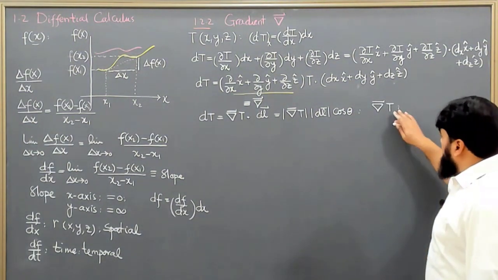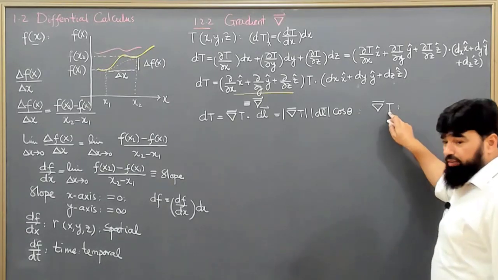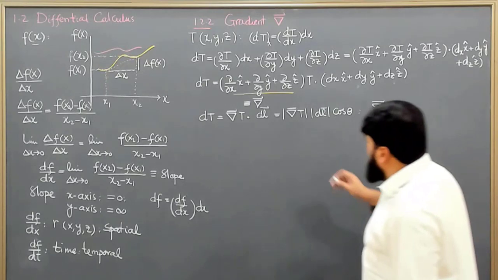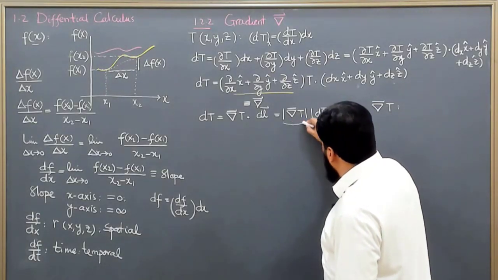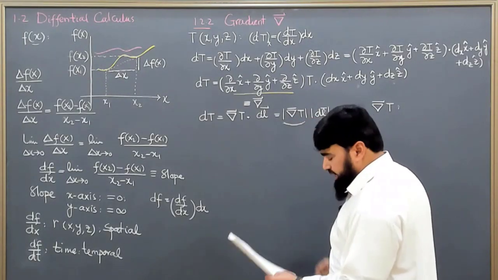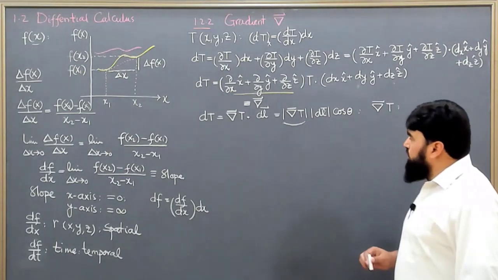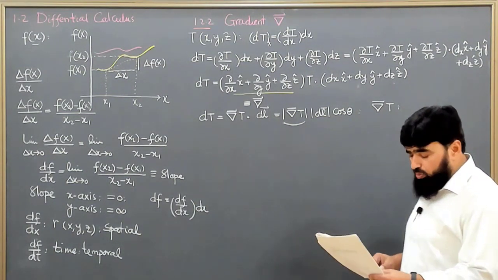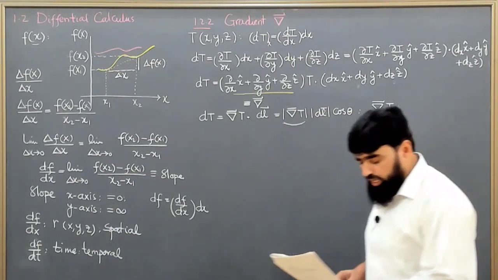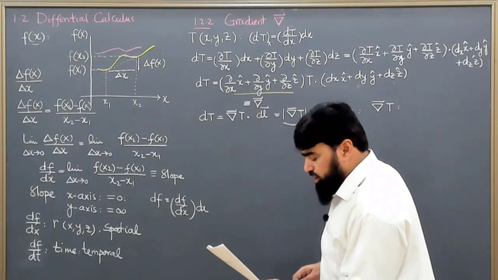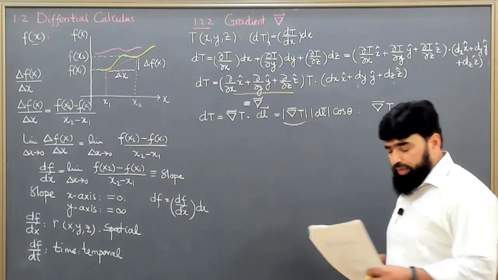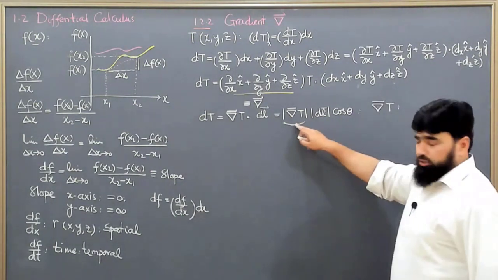This magnitude of gradient t gives us not only the slope but the slope in a certain direction, the rate of change along this maximal direction.